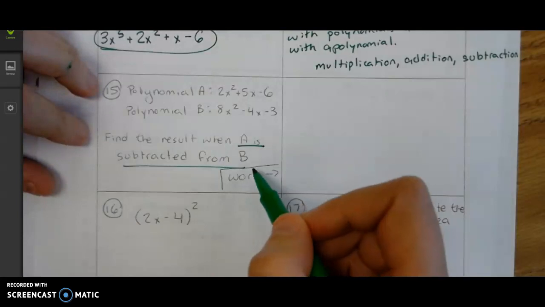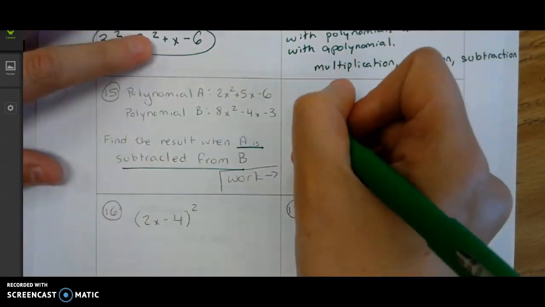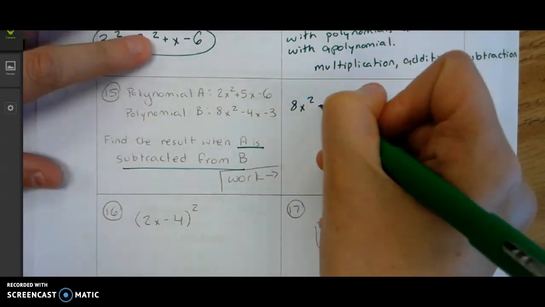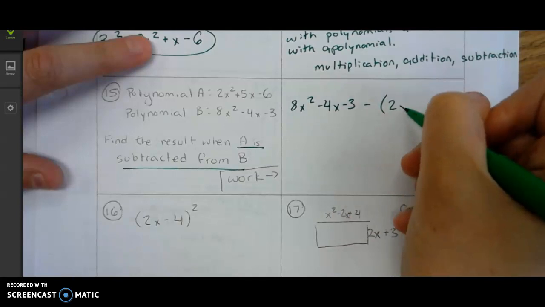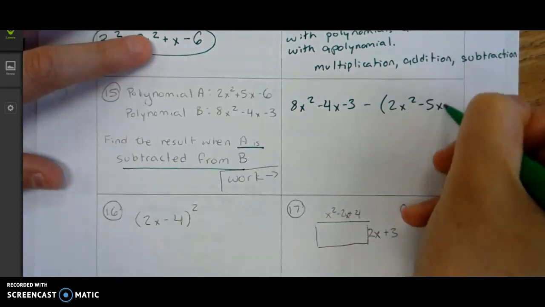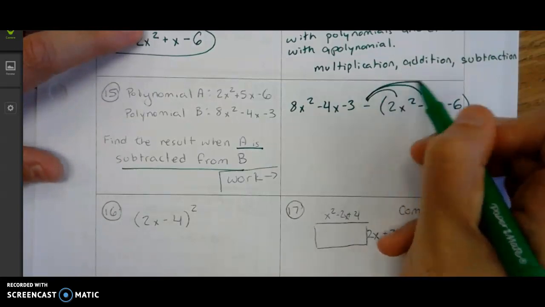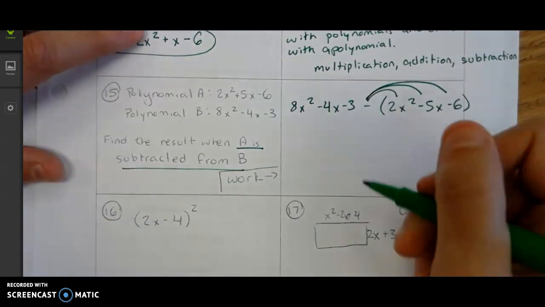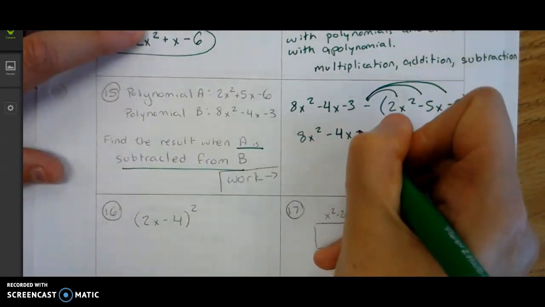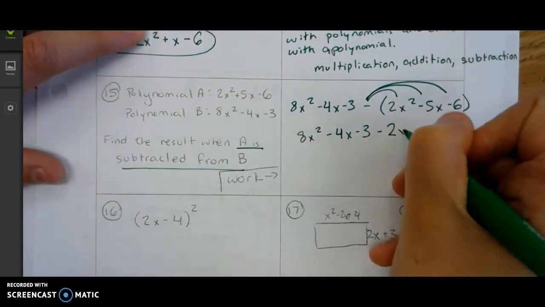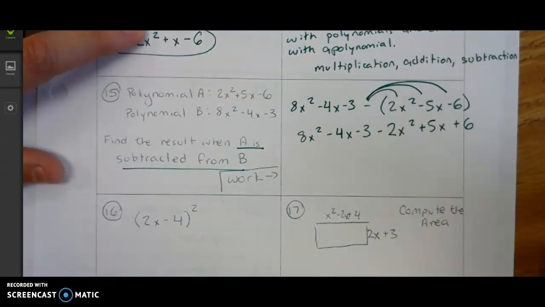This says A is subtracted from B, so I need to do B minus A. So I'm going to do B minus A. We have to distribute this negative sign, which means I flip all my signs and I rewrite. I get 8x squared minus 4x minus 3 minus 2x squared plus 5x plus 6.